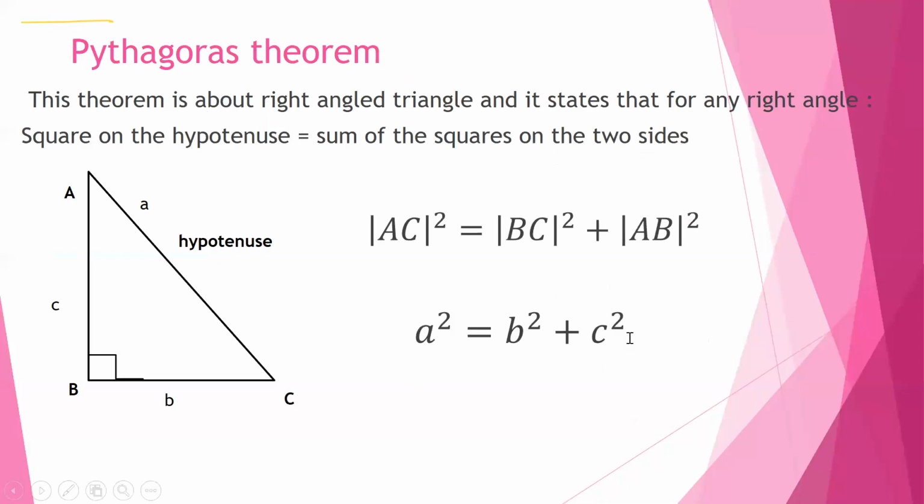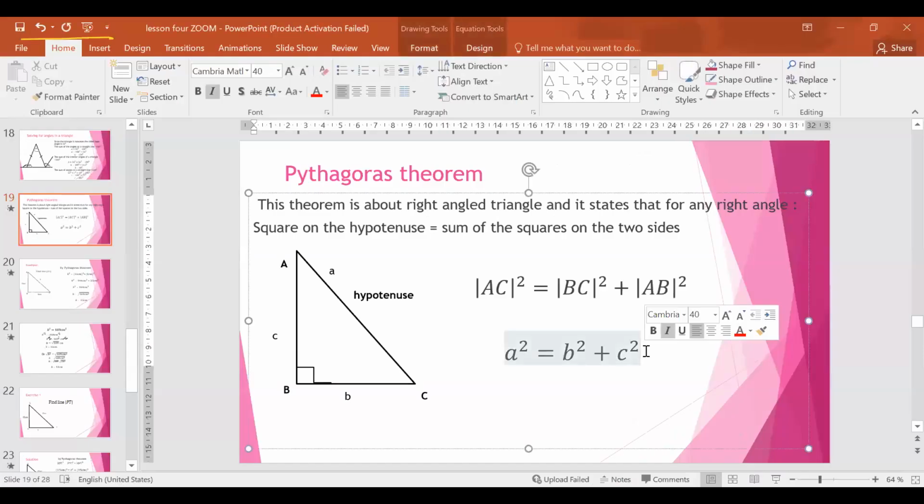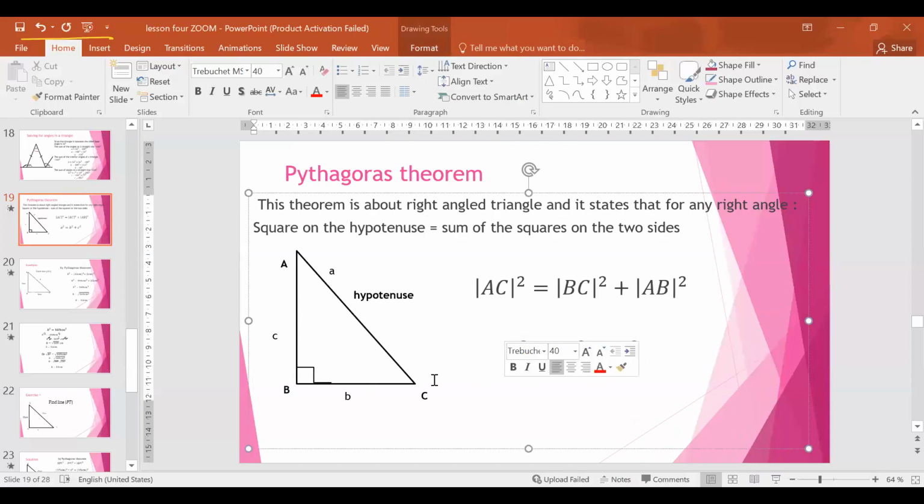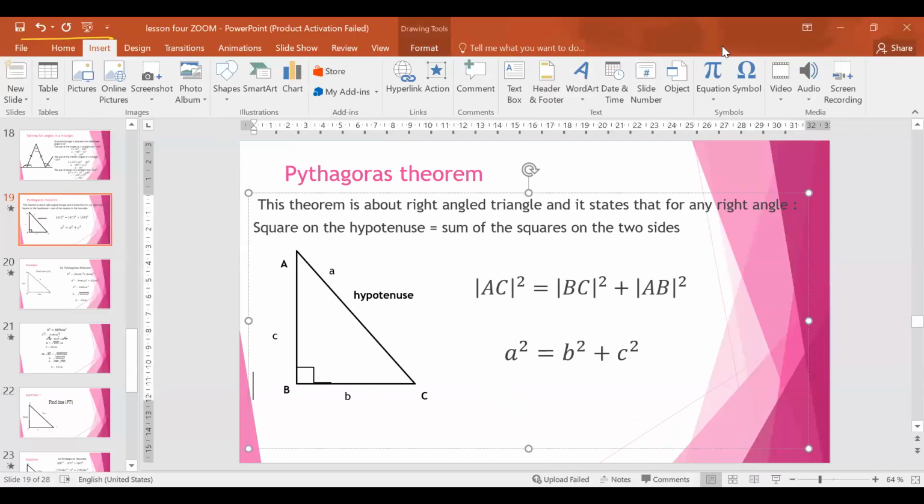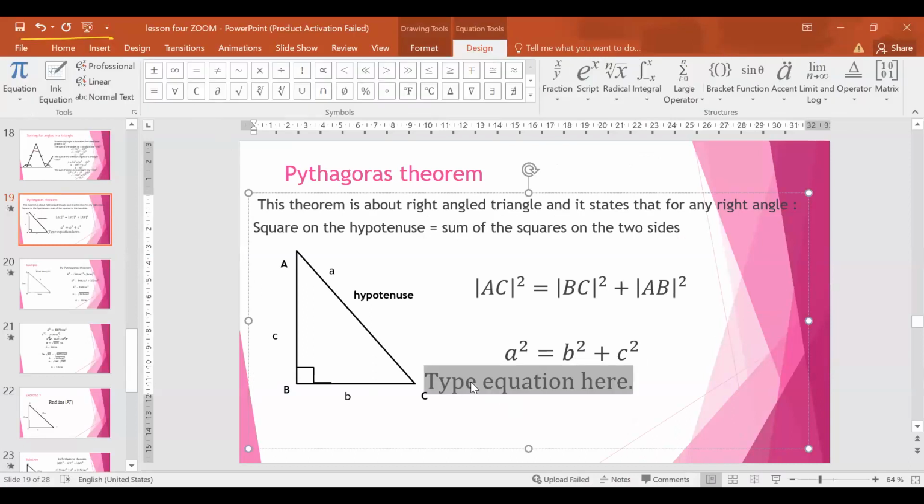So here, let me give an example. At this point, you can see my screen, right? Yes, madam. So here, assuming we want to find B. We want to find B squared, right? Our B squared would be what?